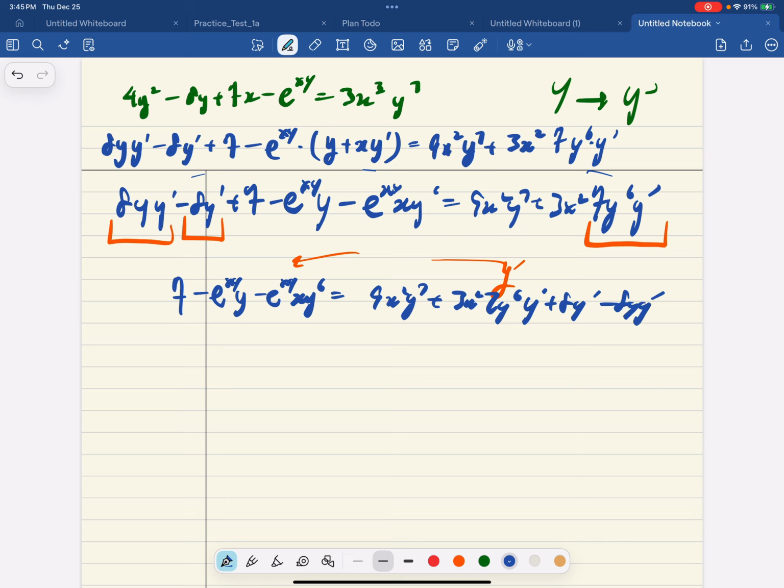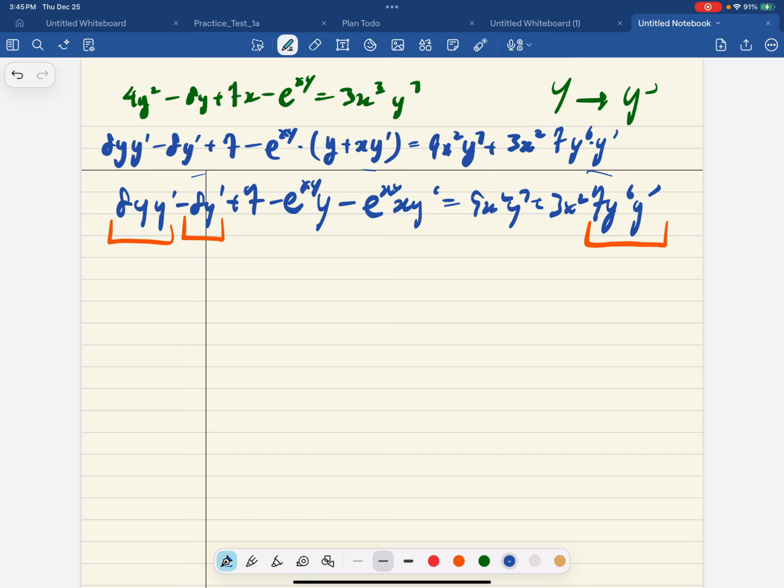So now we have everything that has y prime on this side. Is that a prime? No, that's a 7. Sorry, let me just rewrite that.